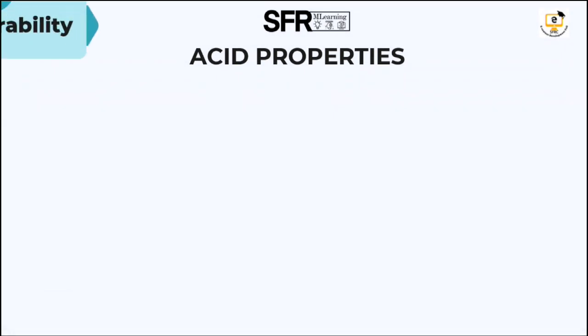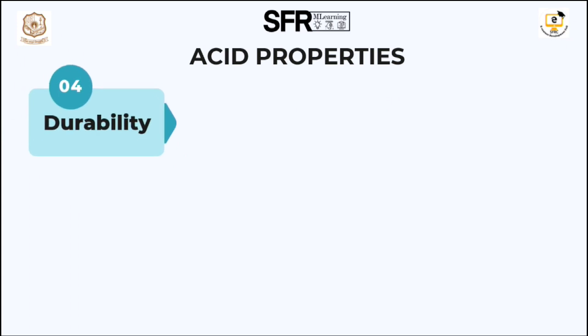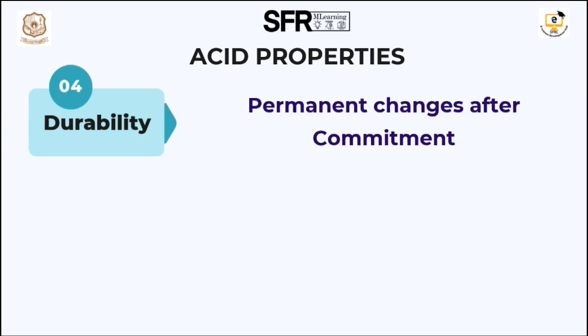The next property is durability. Durability ensures that once a transaction is committed, its changes are permanently saved even if the system fails. The data is stored in non-volatile memory, so the database can recover to its last committed state without losing data.